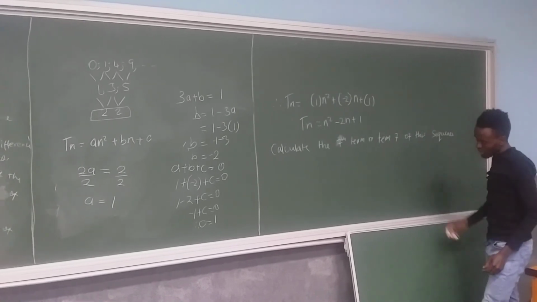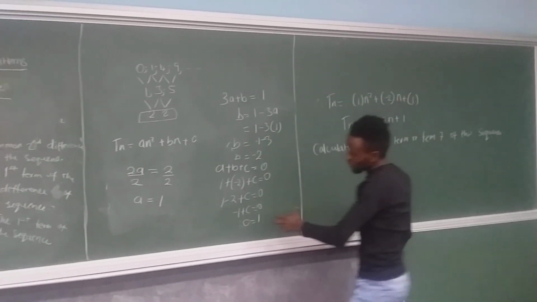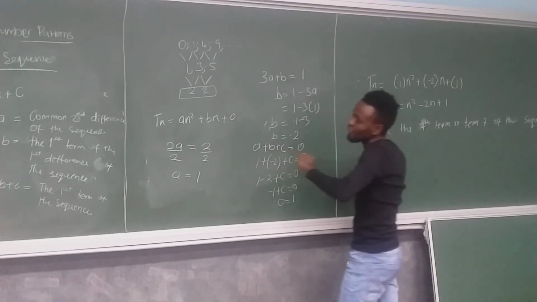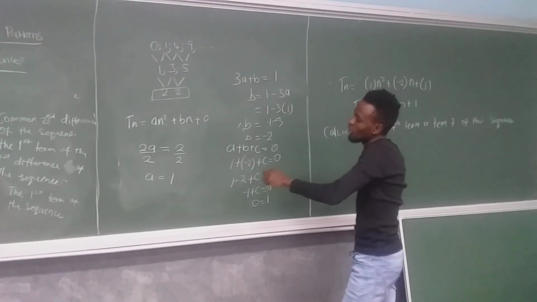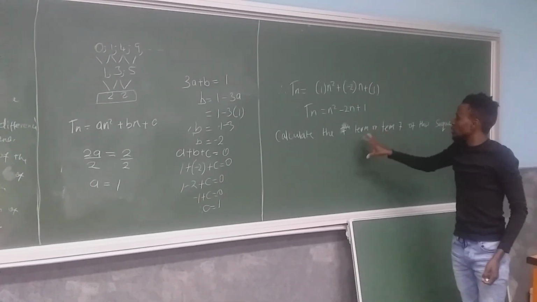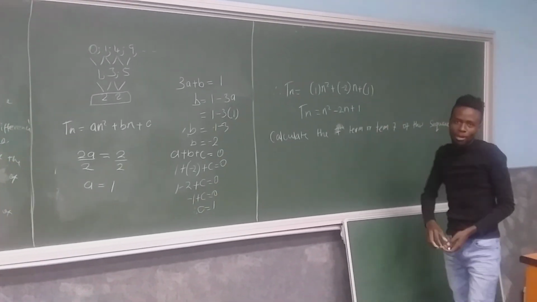So this is your question to do. Remember, I've told you that the number of terms is represented by n. So wherever you see n, you are going to put 7, and then here you have a formula, and now we have to calculate this problem.